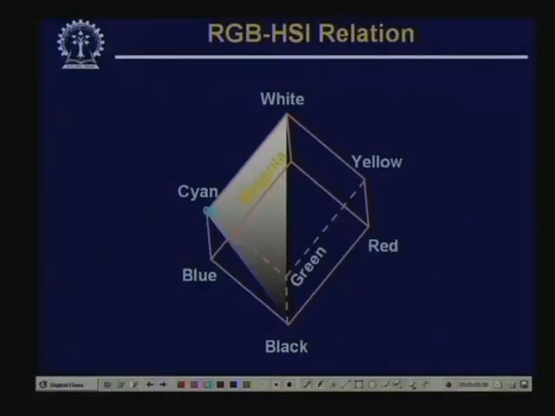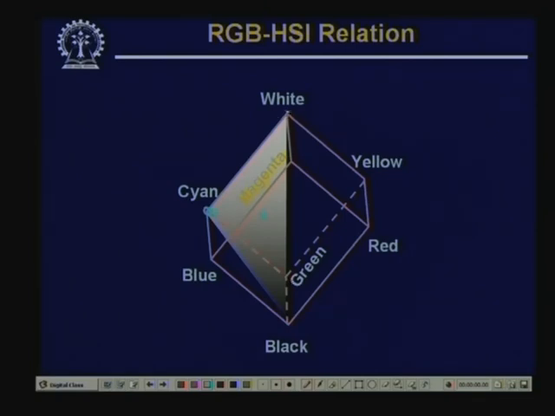From our earlier discussion, you can also easily verify that for any point on this plane, the color components can be specified by a linear combination of these 3 points, cyan, white and black.